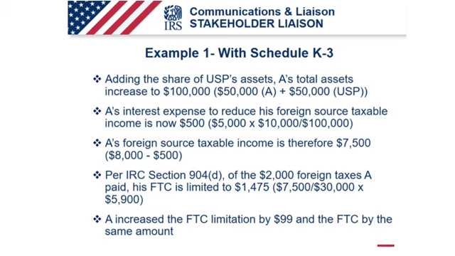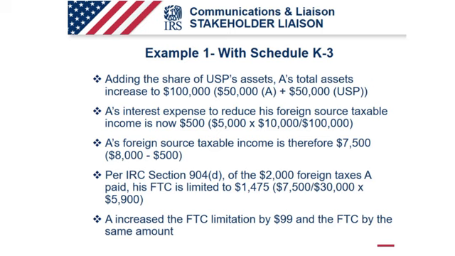So now we're multiplying 5,900 of total U.S. liability times the fraction of 7,500 of foreign source income over 30,000.